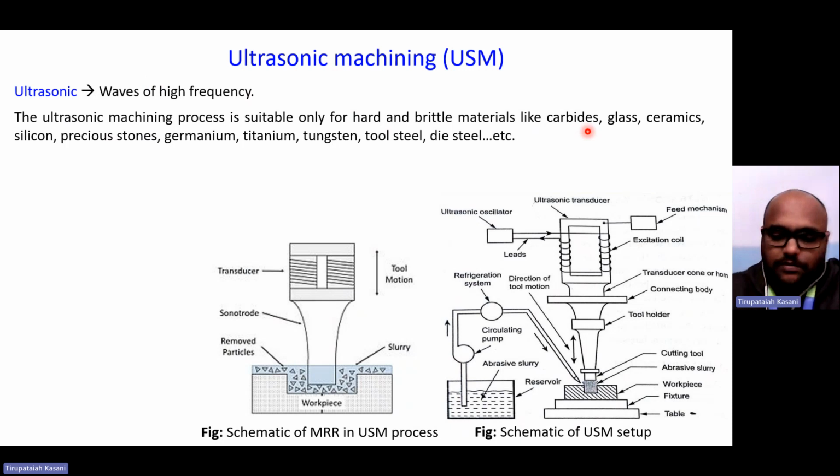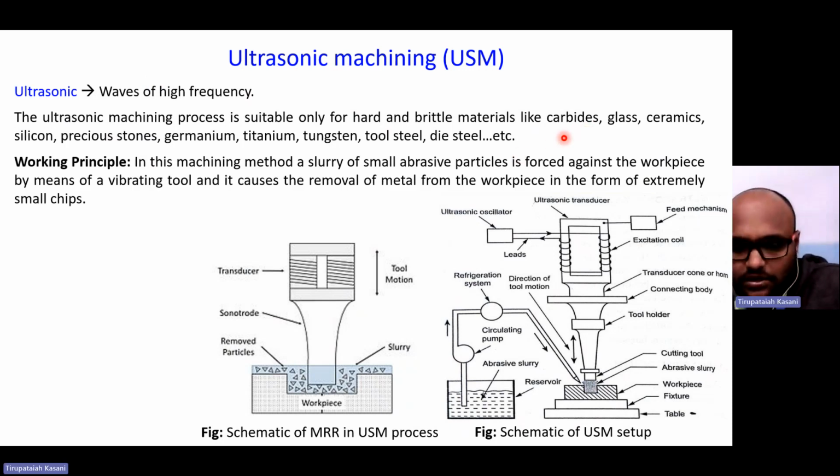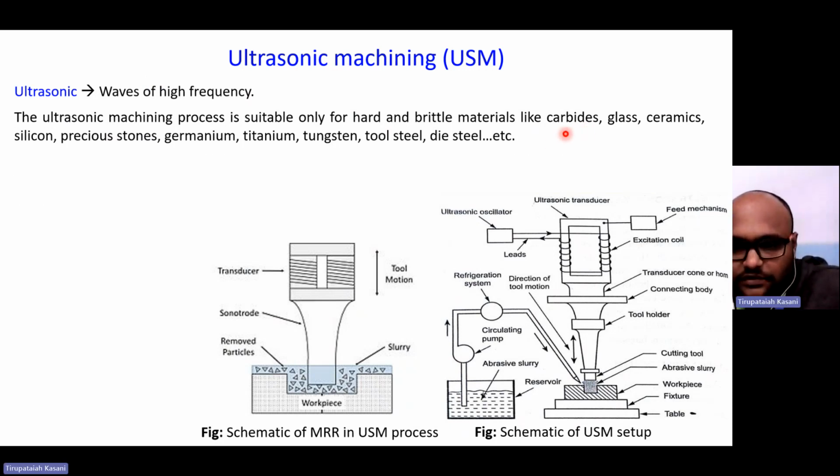These are the carbides, which are used for cutting tools, generally on a lathe. The cutting tool materials are made of carbide, generally tungsten carbide, silicon carbide, etc.